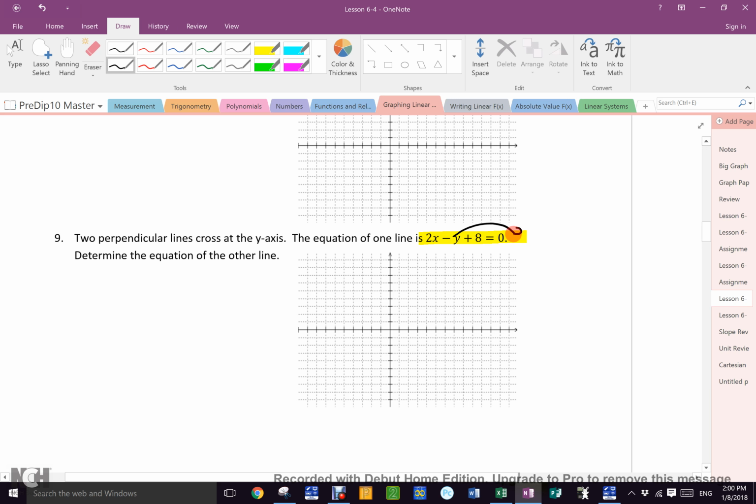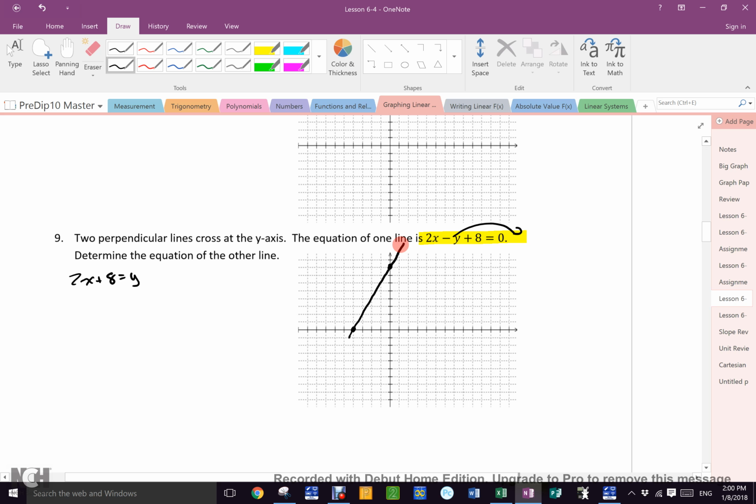Redistribute. And I would have 2x plus 8 equals y. And isn't that easy to graph? Where would it be? At 8 and a slope of 2. So down 8, out 4, there's my slope of 2.